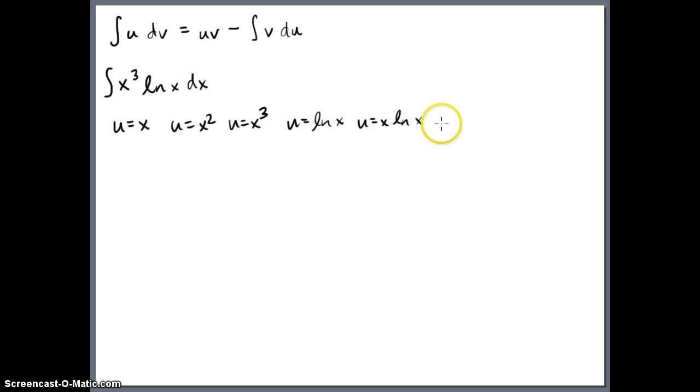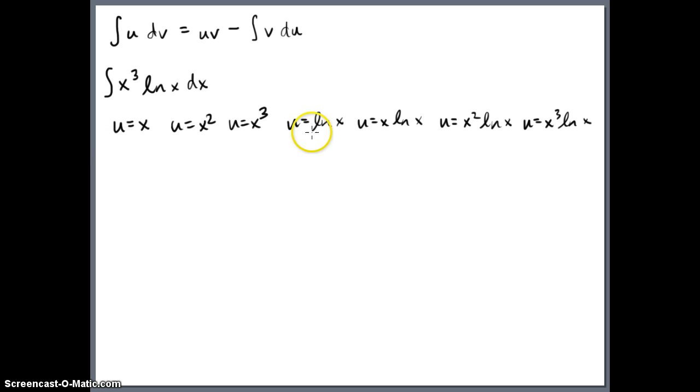Then how about with one more power of x, so maybe u is equal to x squared ln x, and maybe the whole thing, right? Maybe u is equal to x cubed ln x. And barring something weird, those are probably the only choices. One of these is probably going to work for u.